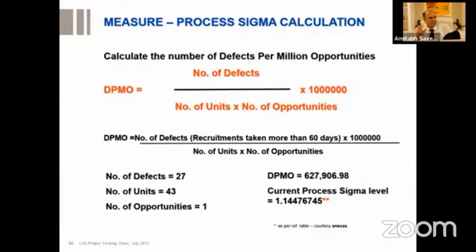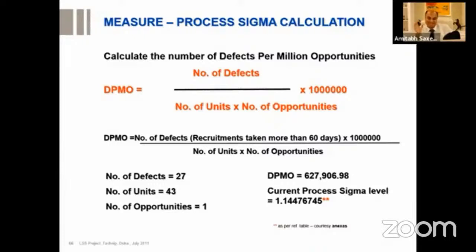Right now, calculation of sigma level, etc., is not in the scope of yellow belt. But just to give you a brief overview: the higher the sigma level, the better the process. At 6 sigma, you are producing almost 3 defects in 1 million. 99.99997% of the time, you are within the specification limits.